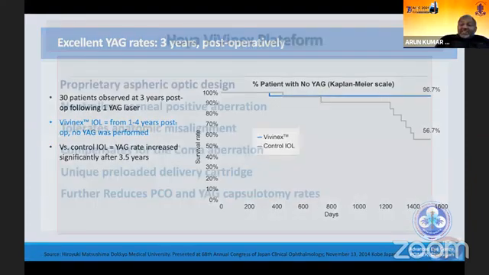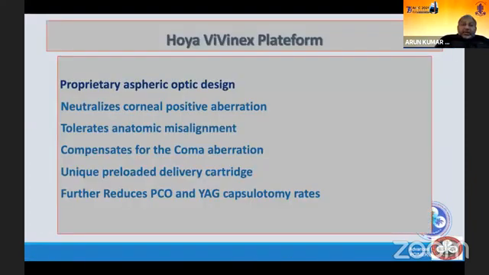Also, there are other studies on record. Recently, a study in the January 2021 issue of the American Journal compared two eyes of the same patient in almost 40 patients, where they put Hoya Vivinex in one eye and another platform in the other eye. After 3 years, they found that YAG capsulotomy rates were almost half as compared to the other platform.